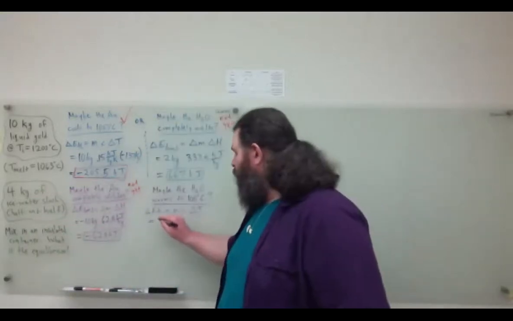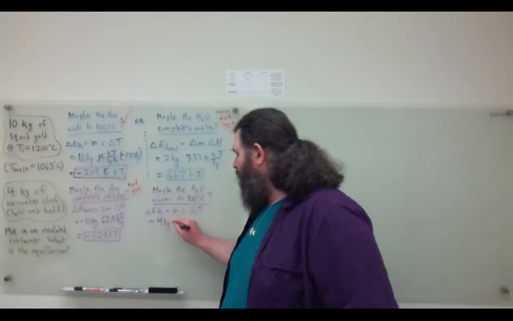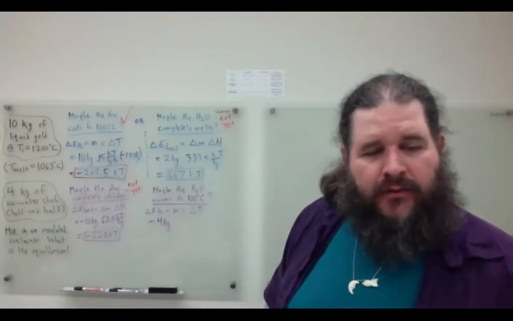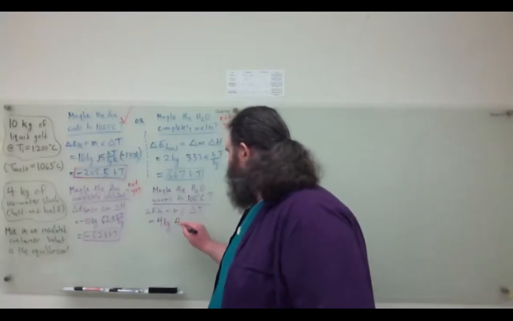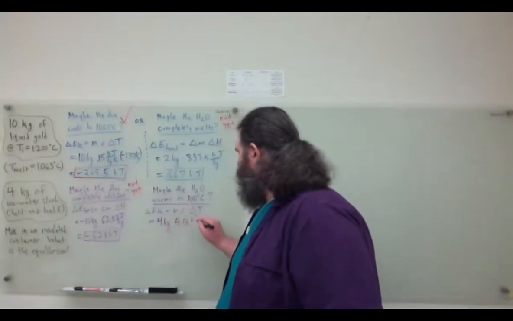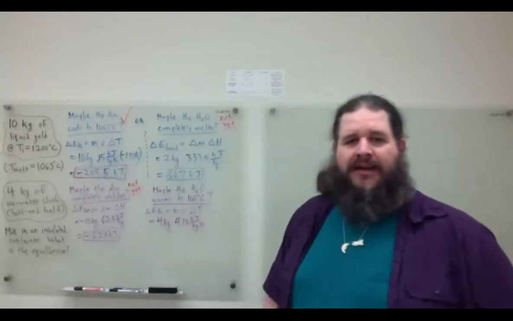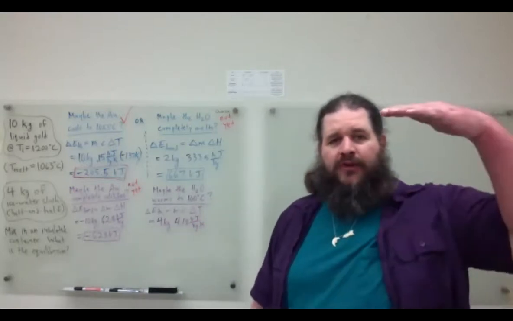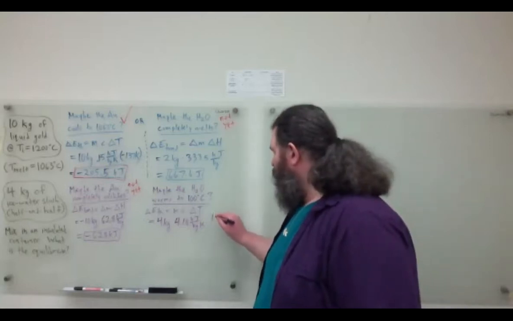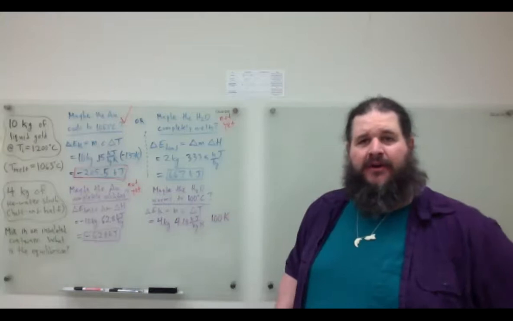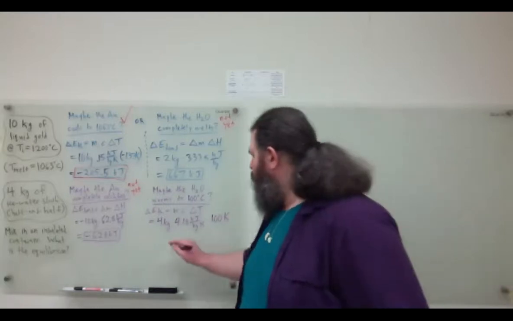So 4 kilograms, all liquid now, times specific heat of liquid water, which is 4.18 kilojoules per kilogram Kelvin. And the delta temperature, since we're going from 0 to 100, we're adding 100 Kelvins. And again, Celsius and Kelvin are interchangeable as long as you're talking about a delta.